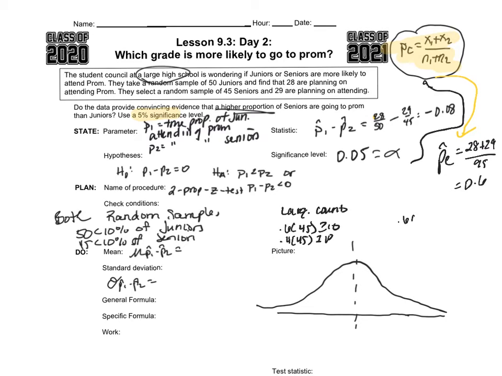And then we're going to do 0.6 times 50 and 0.4 times 50. And this is equal to 30, and this is equal to 20. And this one's equal to 27 and 18. Okay.